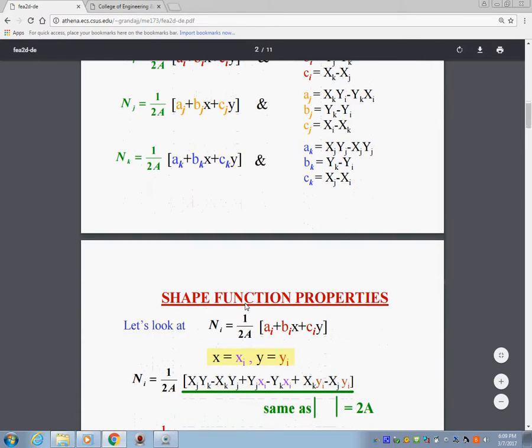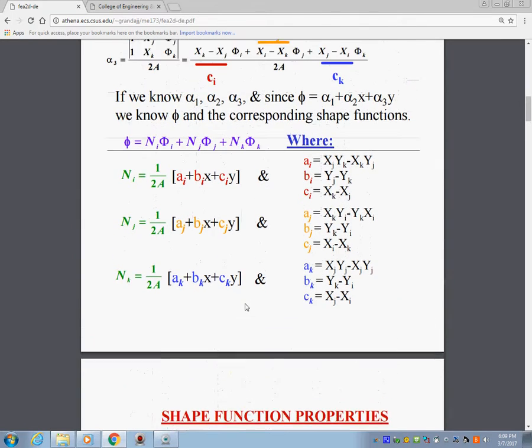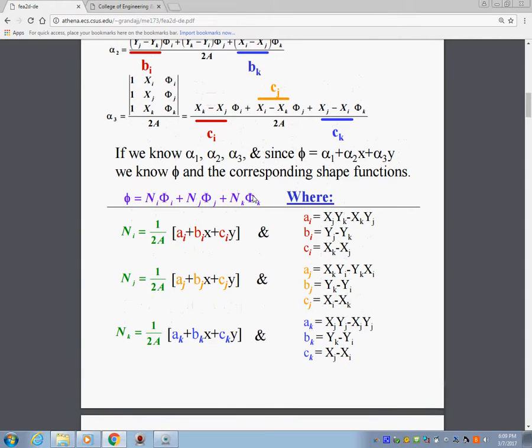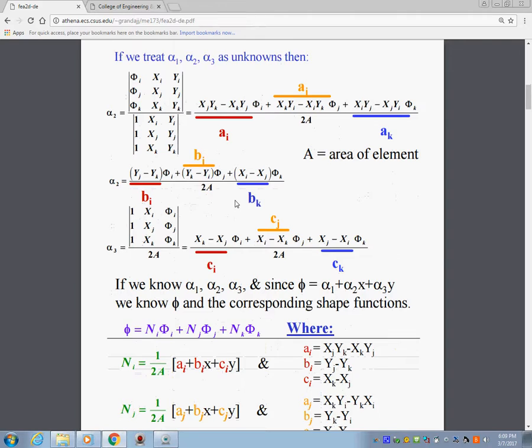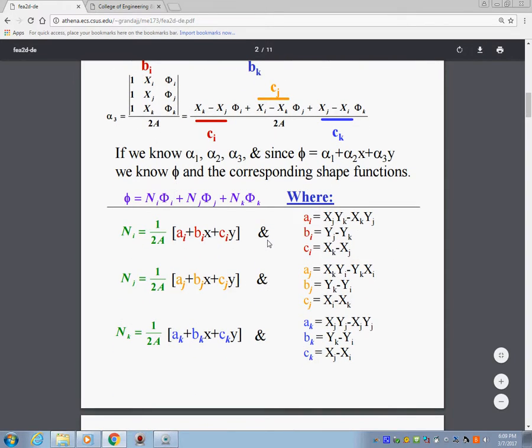So what ends up happening is that the shape functions are 1 over 2A, where A is the area of the triangle. And if you expand this determinant here, you will see that that is exactly 2A. Okay, so the shape functions in 2D are given by these expressions.